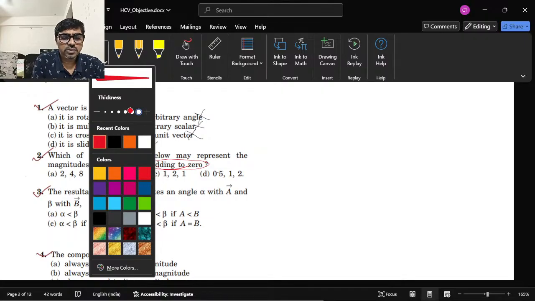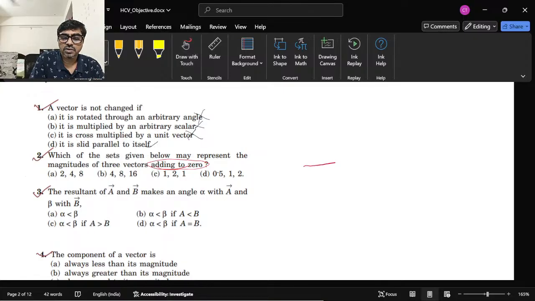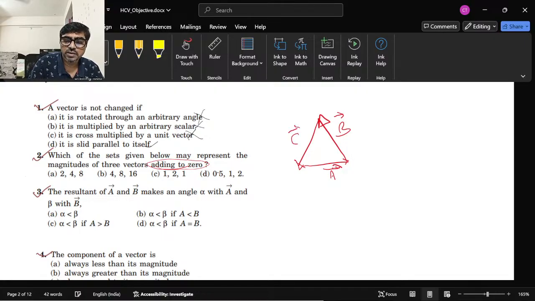If three vectors are there, vector a bar, then vector b bar, like this. Now vector c has to be such that the net is 0, so the tail of the third vector touches the head of the first vector. Now it has to come back here, then the net vector addition is 0.